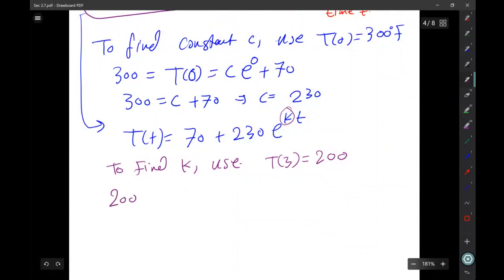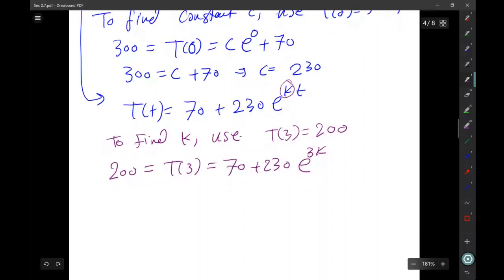Therefore, 100 equals T of 3, which is 70 plus 230 e to the power 3k. 70 out of 100 becomes 30. Divide by 230, it is equal to e to the power 3k.